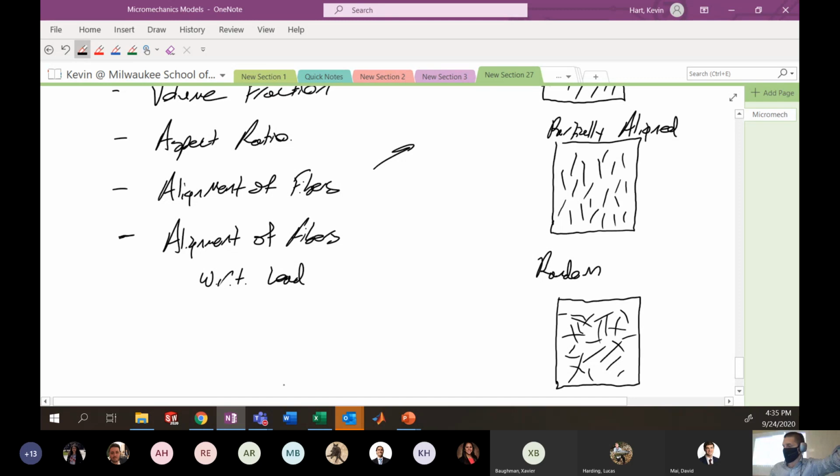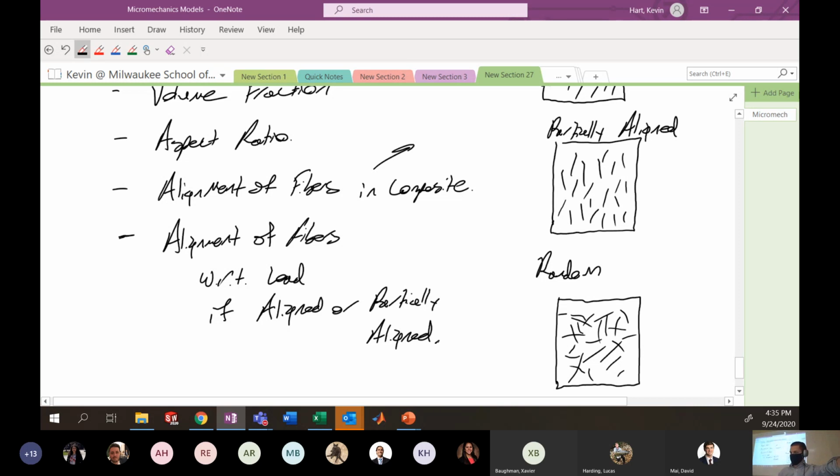So, alignment of fibers in composite: if aligned or partially aligned.